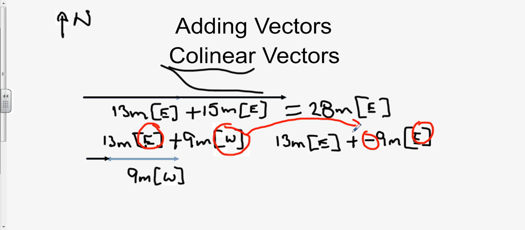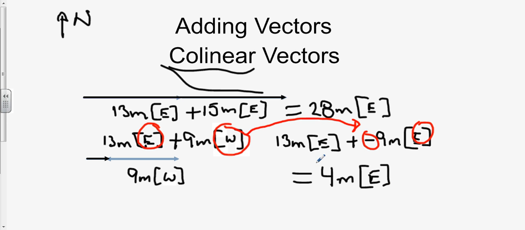If you think about it, east is the opposite of west, so negative east must also be west. Think that one through if you're not quite sure about it. So now that I've rewritten it this way, what do I have? I have 13 meters east minus 9 meters east. And what does that equal? 13 minus 9 is 4 meters. And my direction is east.